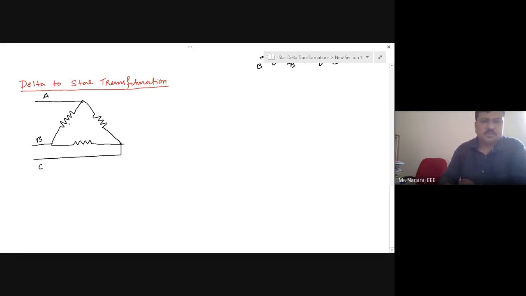The resistance between A and B, I will call it RAB for my convenience. Between B and C, let this be RBC. Between C and A, let this be RCA. So I have this delta connected network, and I wish to have the equivalent star connected network.